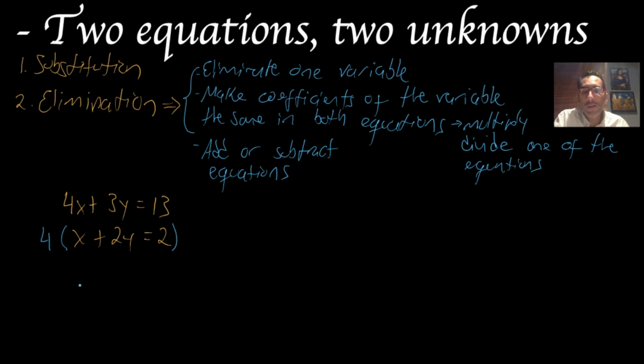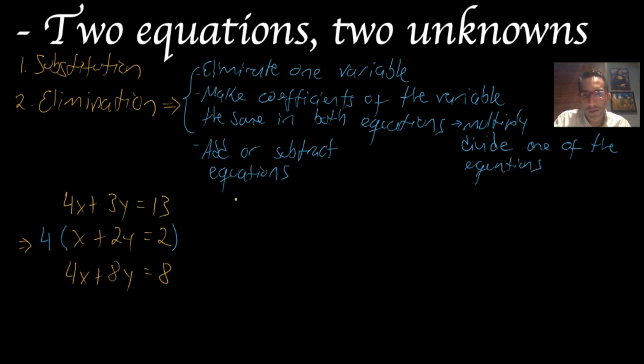If I multiply this whole equation, the second one, by 4, what do we have? We have 4x, then 4 times 2y, so it will be plus 8y, right? Equals 4 times 2 equals 8. So this is the result of taking this second equation and multiplying by 4.